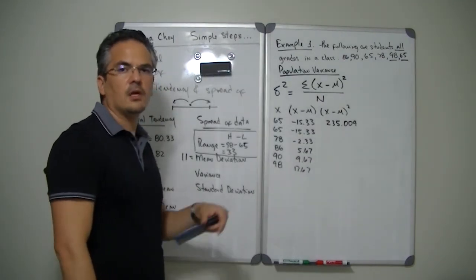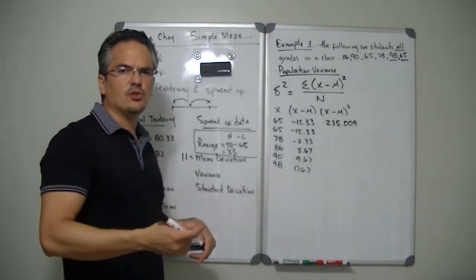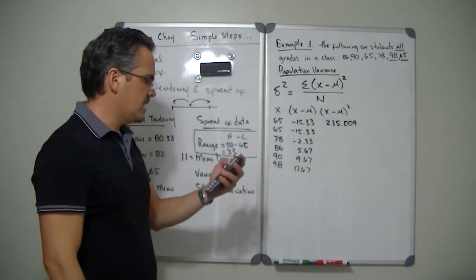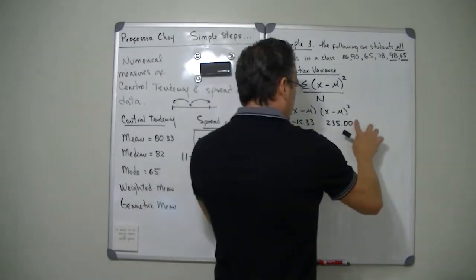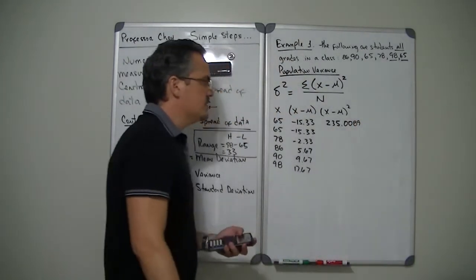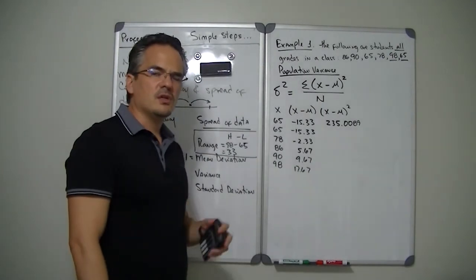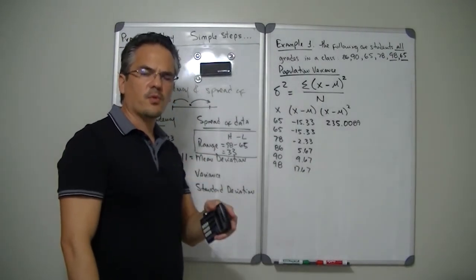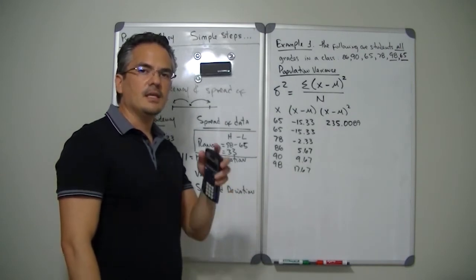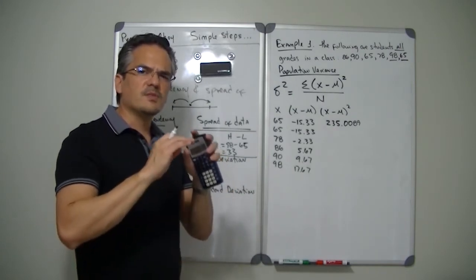One of the things that I always recommend to my students at this point is to carry a lot of decimal spots. It's usually better to carry at least 3 or 4 decimal spots. So let me carry an extra decimal spot. Let's do 4. I know it's going to be a little tedious, but when you're doing homework problems, usually on online homework sites, the program may be very specific.